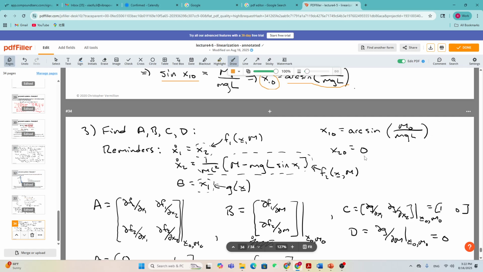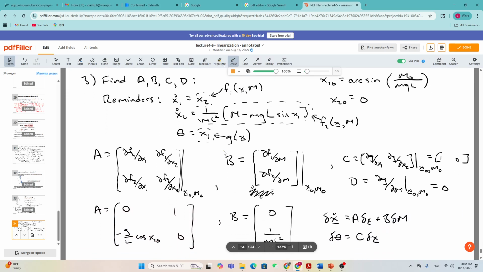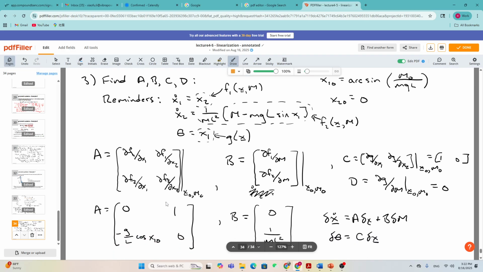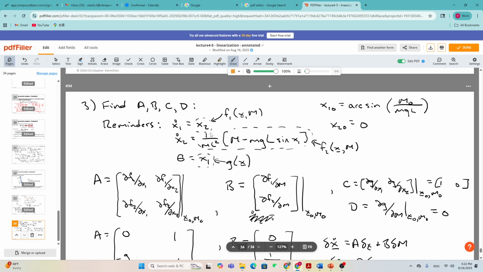Let's derive your A, B, C, D using the mathematical expression. The A matrix is the partial derivative of your f with respect to all the state variables. For this one, you have x1 and x2, and you have two first order differential equations, so in total you have a 2 by 2 A matrix. What is your f1? Your f1 equals x2, right?